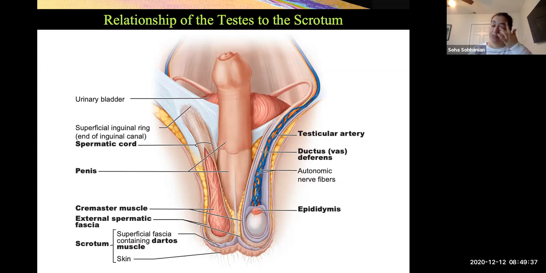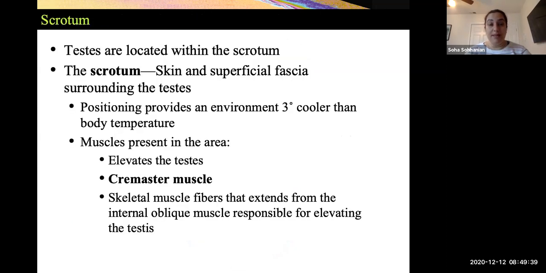Sorry, my eye is driving me crazy. Cremaster muscles allow the testes to be elevated when a male gets excited or gets ready for ejaculation. Under normal conditions, these cremaster muscles are relatively relaxed, which means the testes sit away from the body, and during ejaculation, the cremaster muscles tighten up and allow the testes to be elevated.